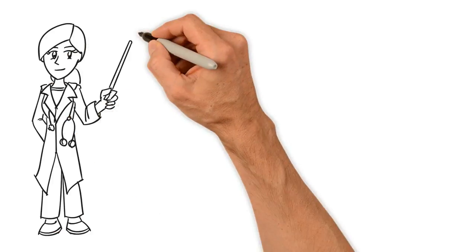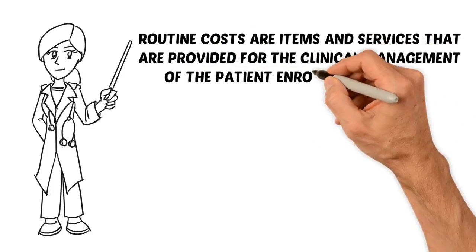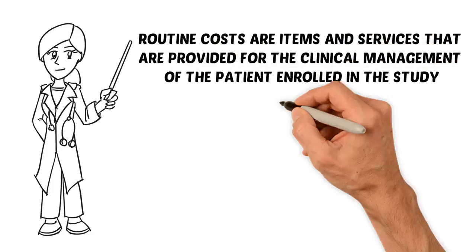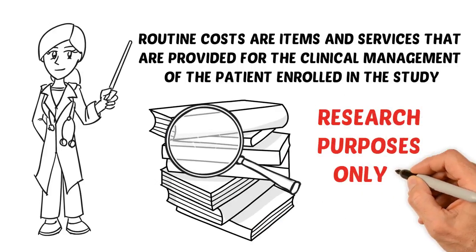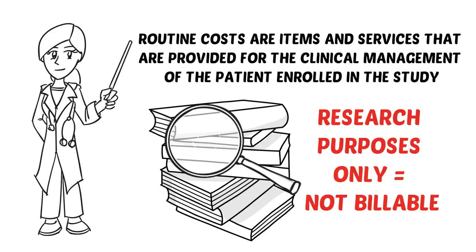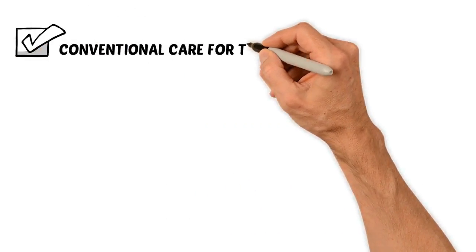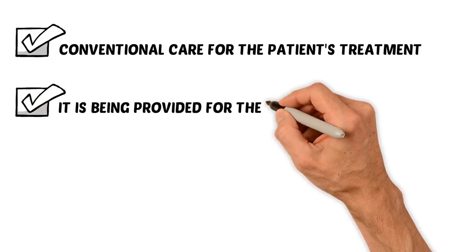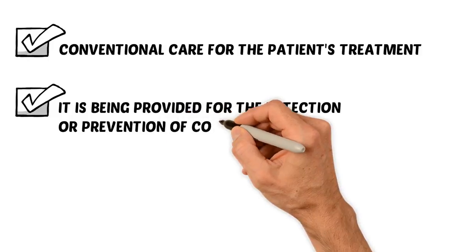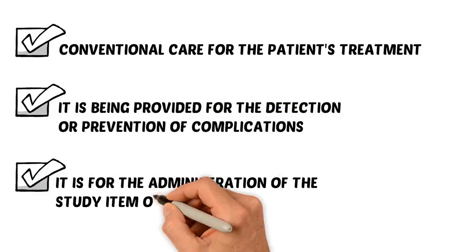Essentially, routine costs are items and services that are provided for the clinical management of the patient enrolled in the study. If an item or service is for research purposes only, then it will not be a routine cost and will not be billable. An item or service will be considered a routine cost if it is conventional care for the patient's treatment, it is being provided for the detection or prevention of complications, or it is for the administration of the study item or service.